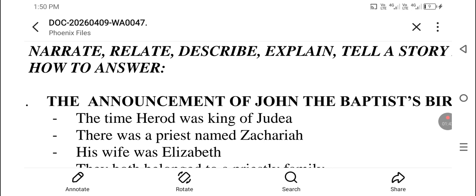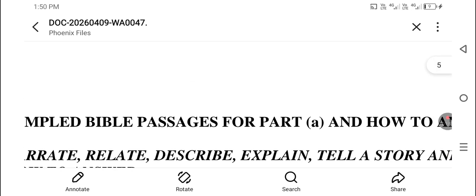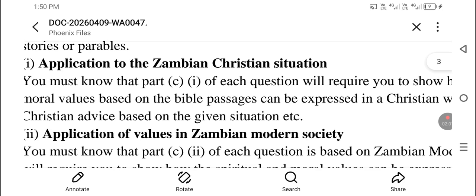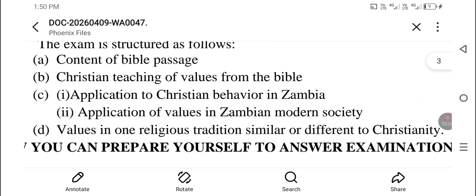When you find one question saying narrate and another saying describe, all they are saying is you have to give a story. You're just telling the story of that particular Bible passage that you're being told. So these terms mean one and the same, nothing different from each of them.